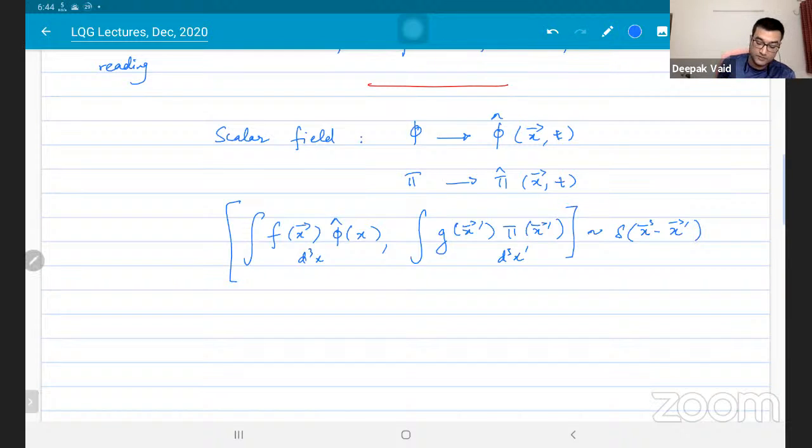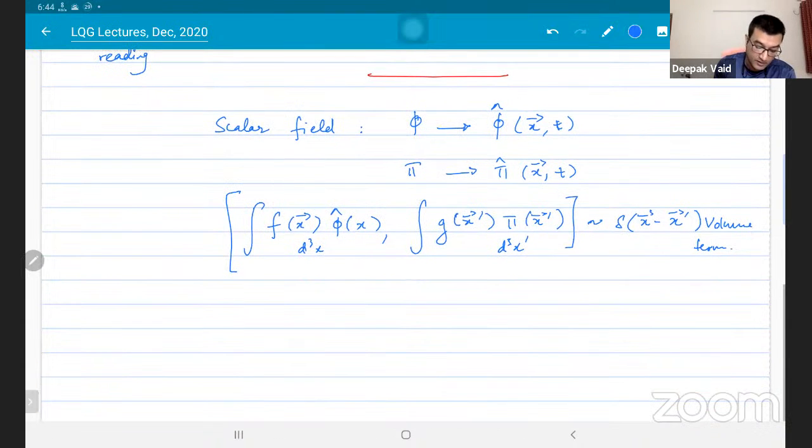So you can perform some of those integrals using delta functions, but you are still left with some volume term over here, something that is proportional to the volume over which you are integrating.